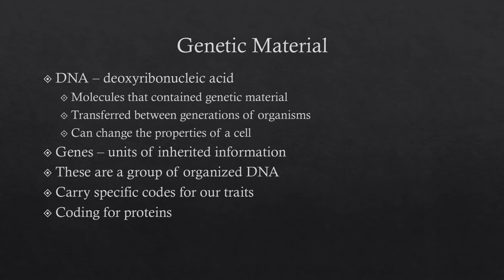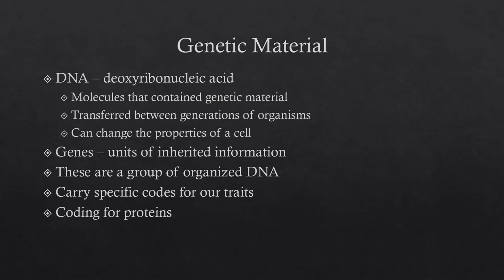Now, you should know from previous years that DNA means deoxyribonucleic acid, and these are molecules that contain genetic information. They get transferred between generations of organisms, and they can change the properties of a cell because they have the ability to code for what they make in your body.